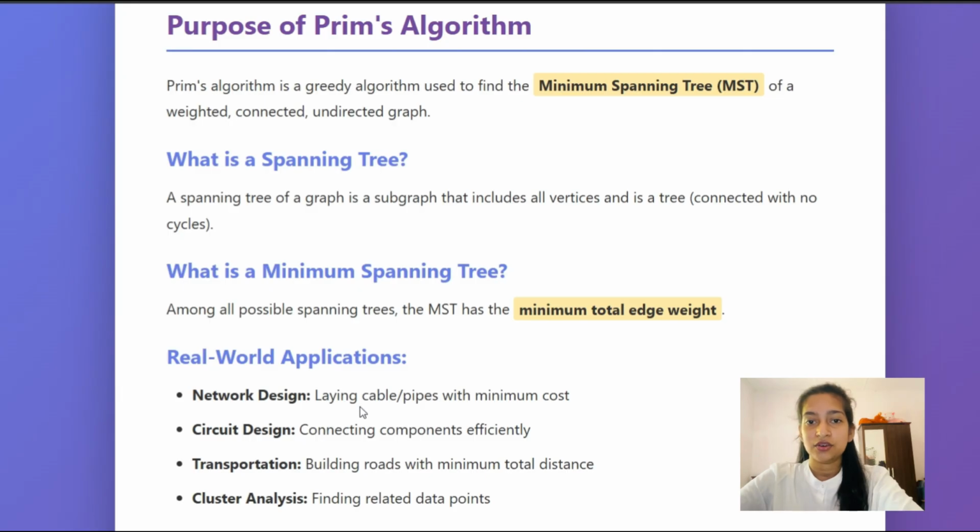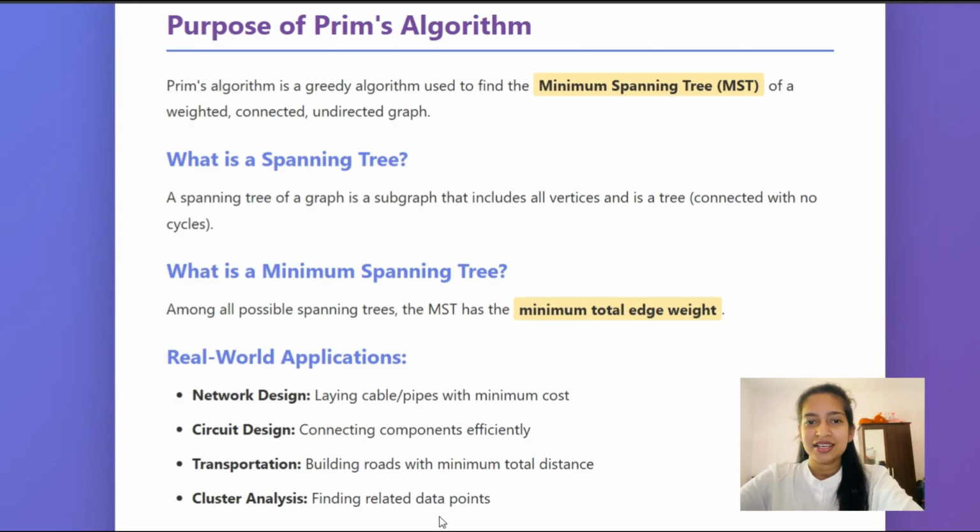That's exactly what Prim's algorithm solves. It is also used in circuit design to connect components efficiently, in transportation networks for building roads with minimum distance, and even in cluster analysis for finding related data points in machine learning.